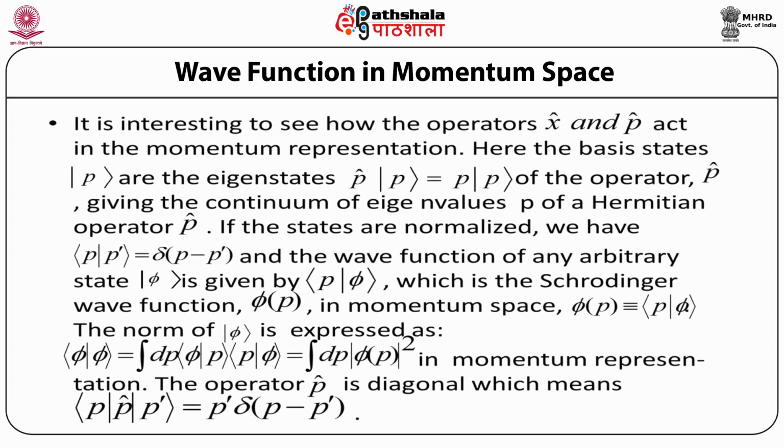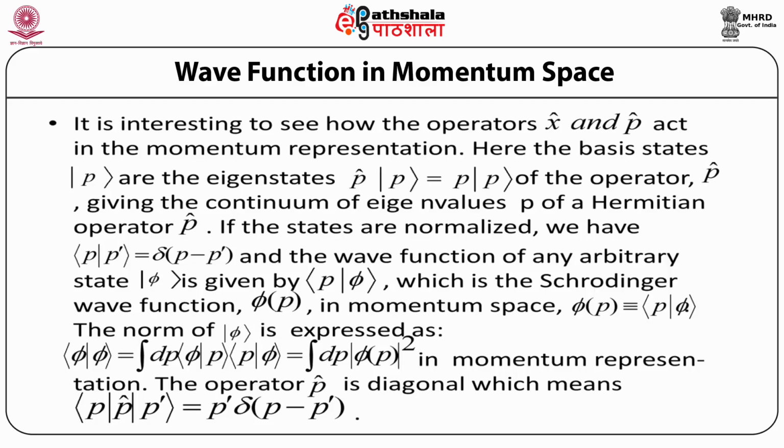Wave function in momentum space. It is interesting to see how the operators x and p act in the momentum representation. Up till now we have been discussing the position operator x and the momentum operator in the coordinate or space representation.